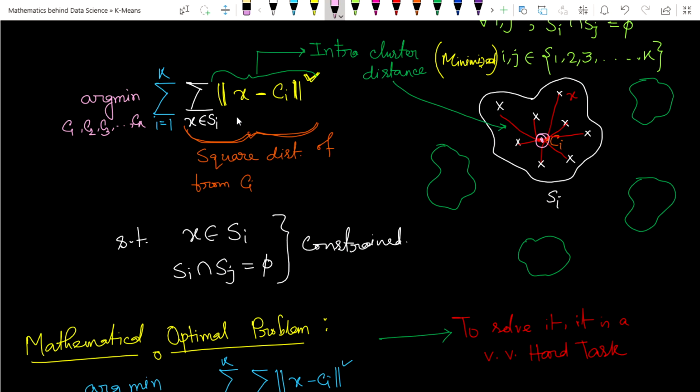Now we have to sum it up for all the points of that cluster, and after finding the summed value, we have to sum it up for all the clusters, not for a single cluster.